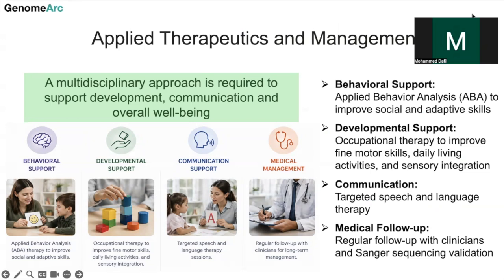And regular follow-up with the hospital or clinic is super important, because as the disease progresses, intervention might need to take place, and it can be different types of therapy, communication support, or different types of ABA therapies out there. Those therapies can be integrated very early on for a better outcome.